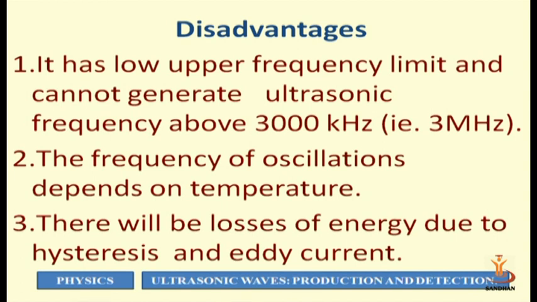In a magnetostriction oscillator we are using a ferromagnetic rod. For a higher temperature, it will give a greater length. For a lower temperature, it will give a lower length.